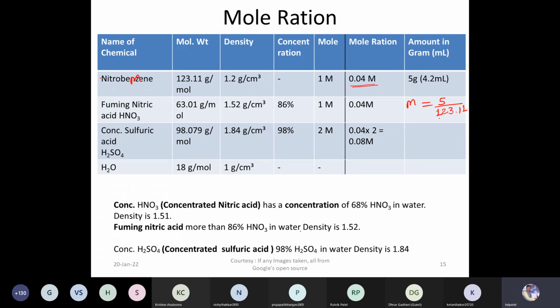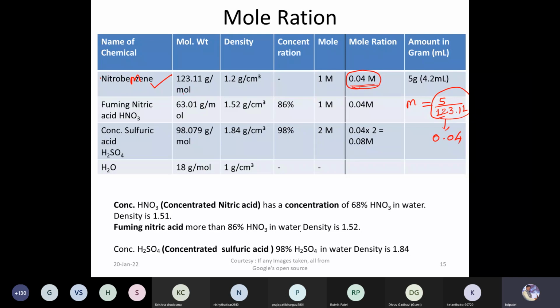So if you go for the calculation, then it comes to 0.04. This is the mole of nitrobenzene.